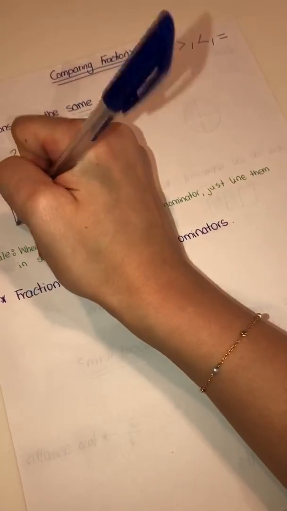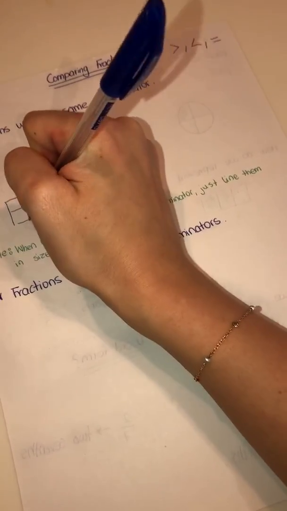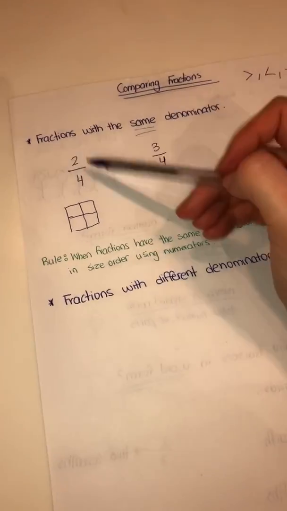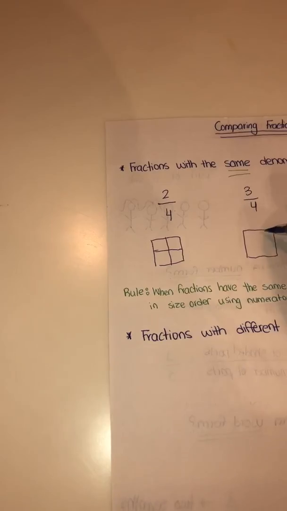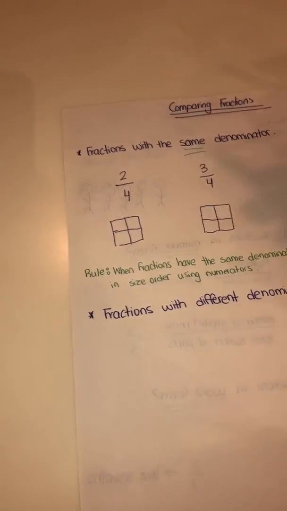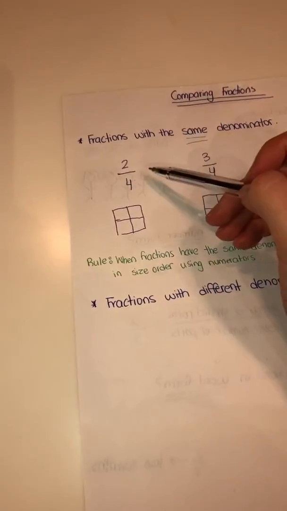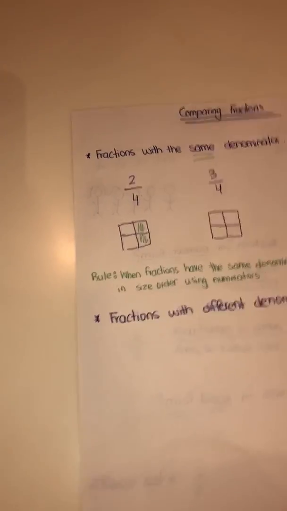So, if I have a square, I'm going to cut it into 4 equal pieces because the total number of parts is 4. Also over here, I have a square. I'm also going to cut it into 4 equal pieces because the denominator is also 4. Now, in the first fraction, only 2 parts are shaded.